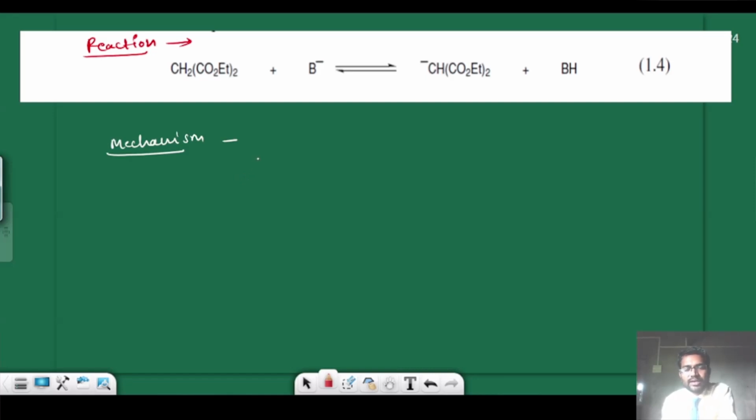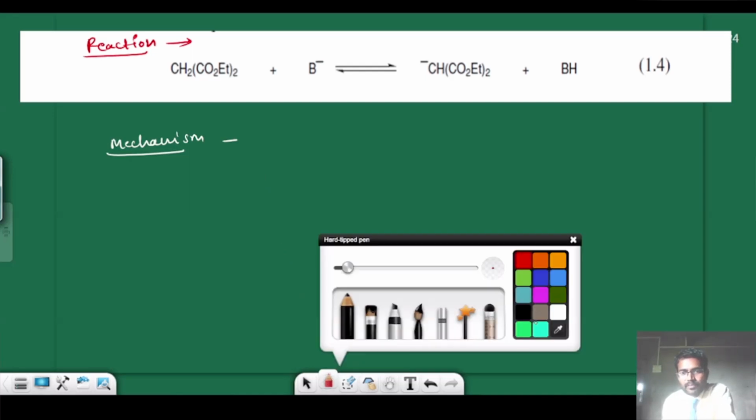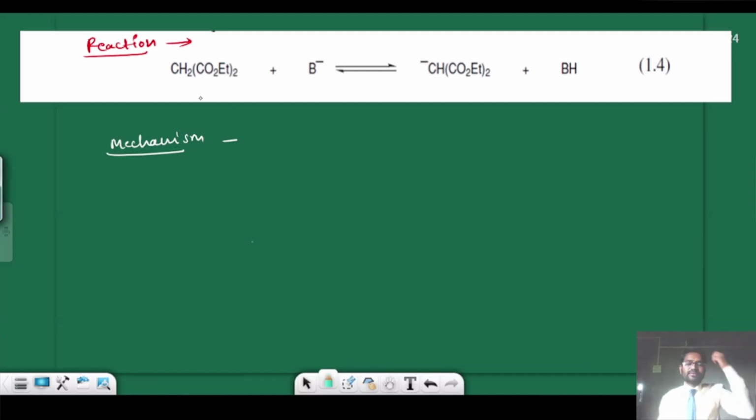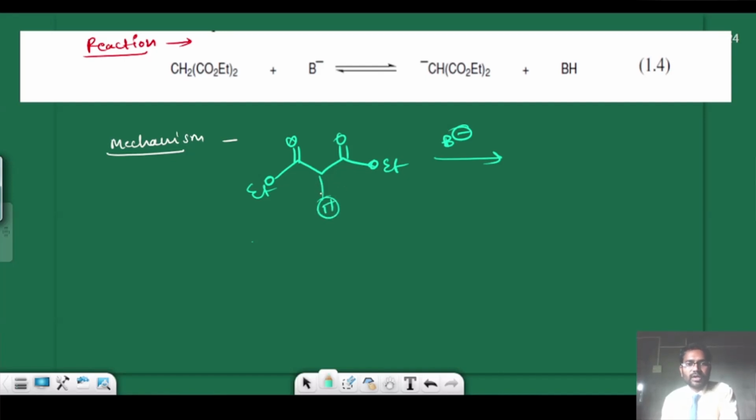Let us discuss once again the mechanism of this active methylene compound. In the presence of base, what will happen? This is the alpha carbon, the active methylene group, a methylene group having two protons which are acidic in nature.